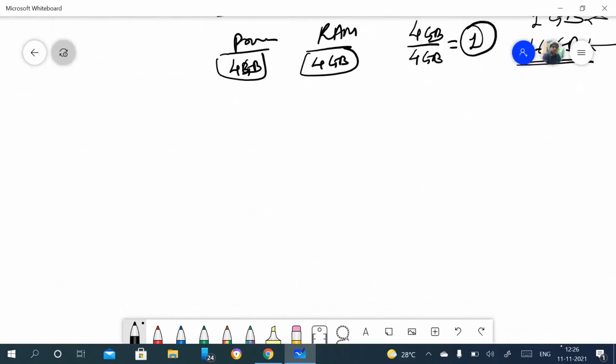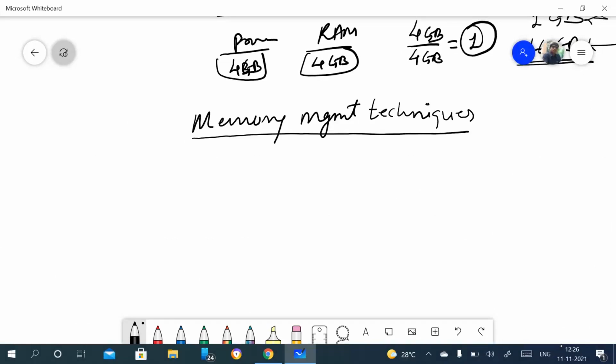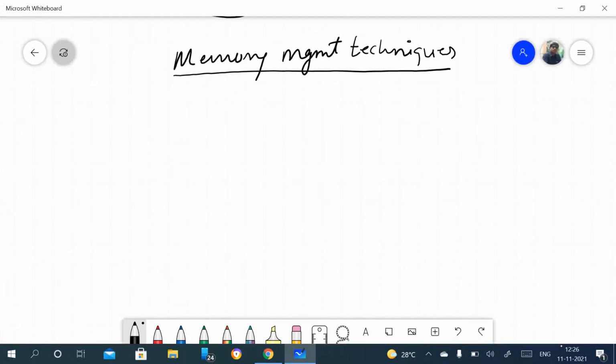Memory management techniques. Actually these are divided into two types. One we can say is contiguous and the other is non-contiguous.